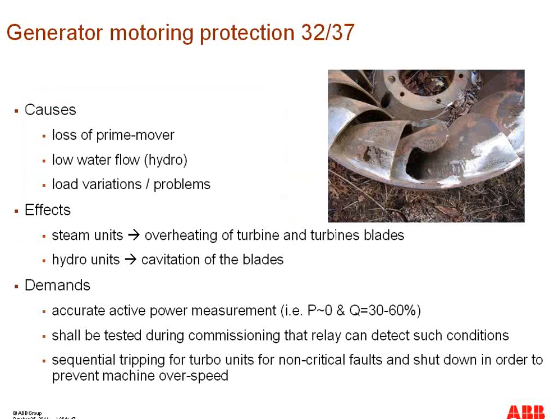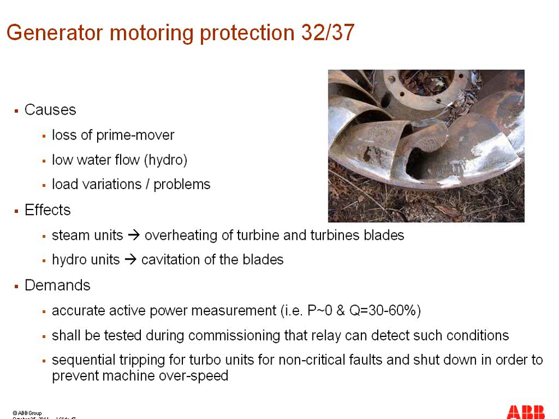This picture shows the erosion and cavitation of the turbine blade due to the motoring condition of the generator. What could be the causes of this kind of condition? It can be loss of the prime mover.